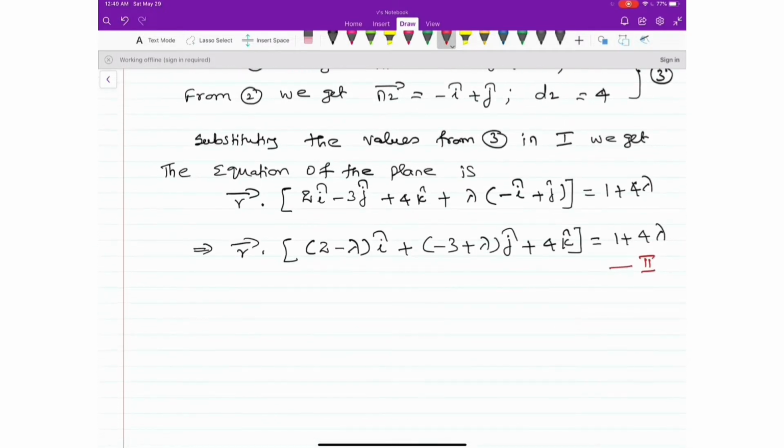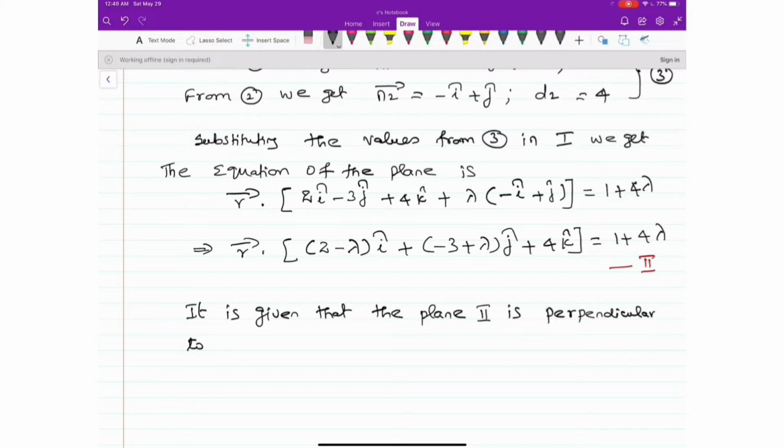So it is given that the plane 2 is perpendicular to the plane r vector dot (2i cap minus j cap plus k cap) plus 8 equal to 0.